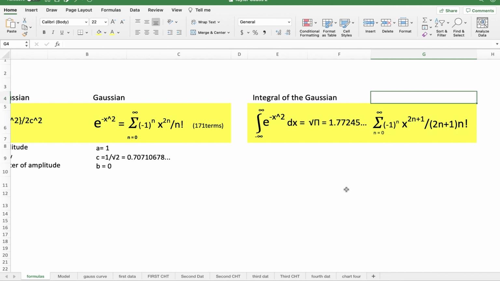So this is the integrated form of the Taylor series of the Gaussian.